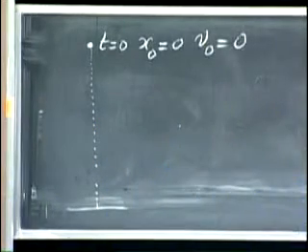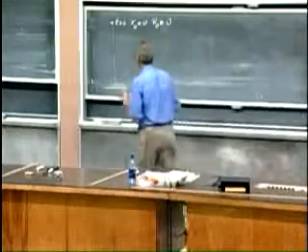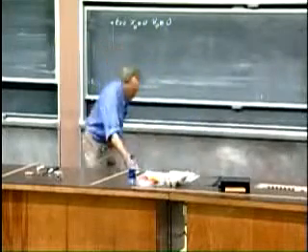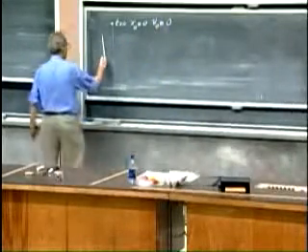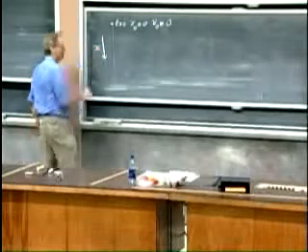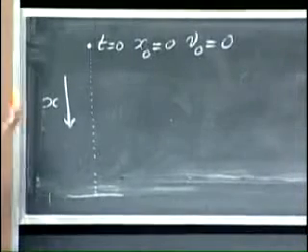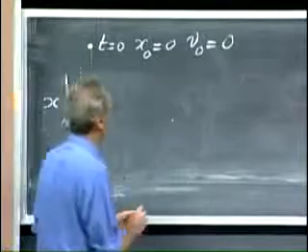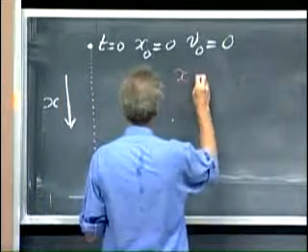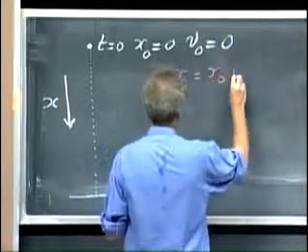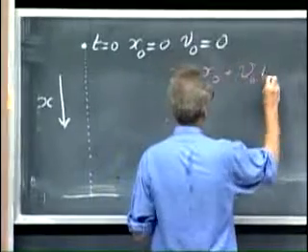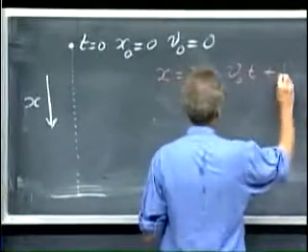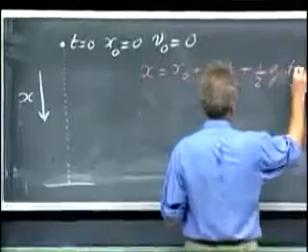Well, the general equations now, which deal with gravity, if I call this the increasing value of x, you can choose it differently, this is my choice today, are the following. x equals x0 plus v0 t plus 1/2 g t squared.